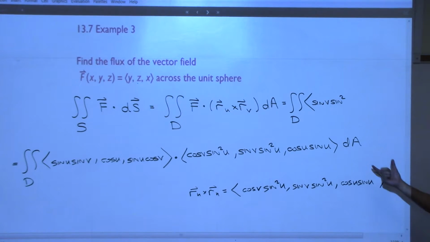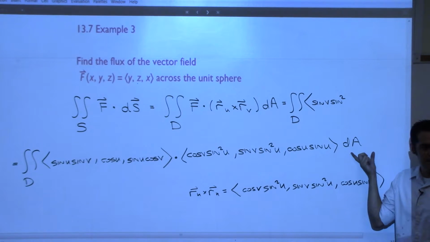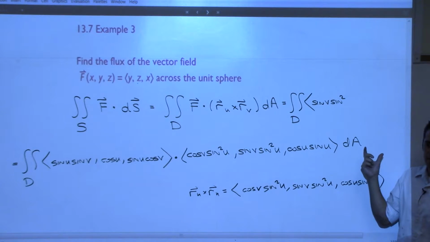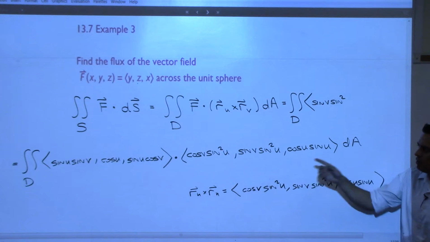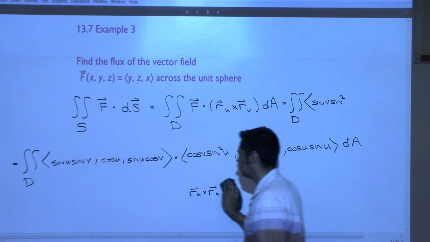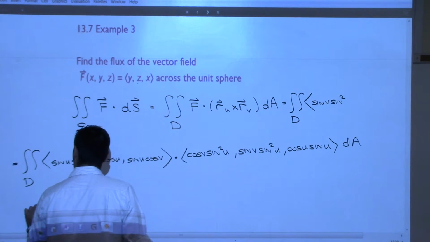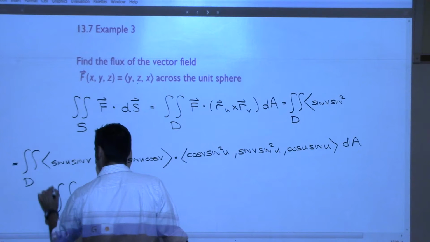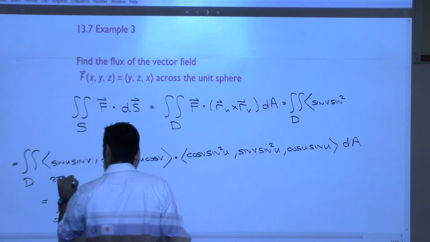Now we can replace dA with dU dV and do our limits of integration, because we know our restrictions on U and V. I'll write my limits here: 0 to 2 pi, 0 to pi.